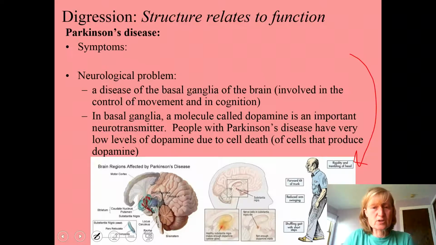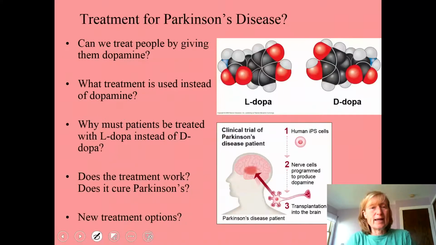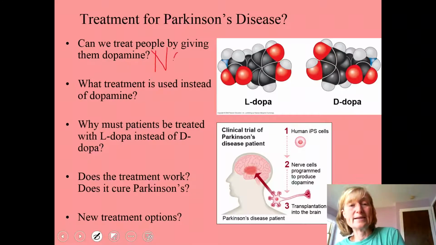So how do we solve this problem? It'd be nice if we could just give Parkinson's patients dopamine. Here, have some extra dopamine. That will help you reduce the effects of your dying brain cells. But can we treat people by giving them dopamine? No, we can't.